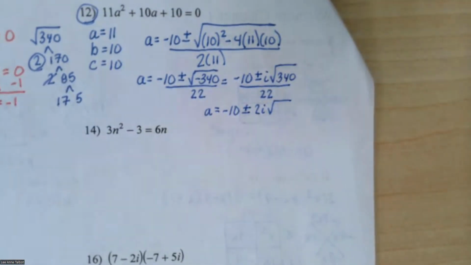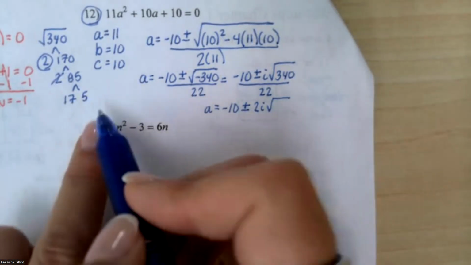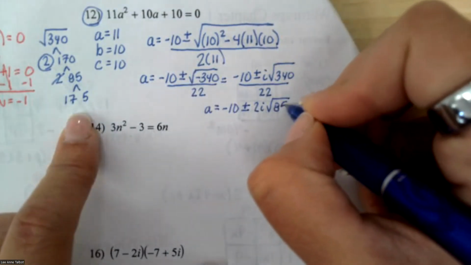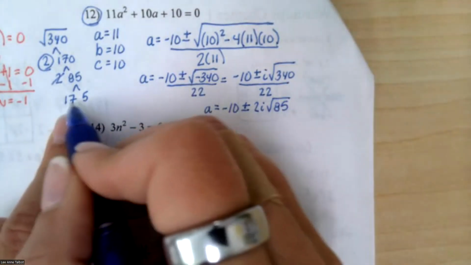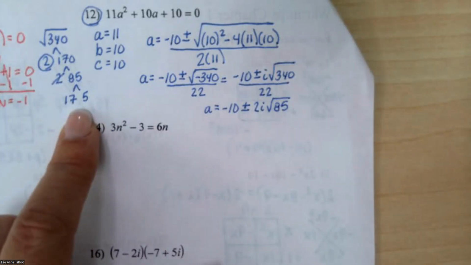And what is left over that I did not circle or cancel in the original problem here? 85, right? 17 times 5. So 17 times 5 is 85. I can tell 17 times 5 is 85 because I just go one step back up into the factor tree.